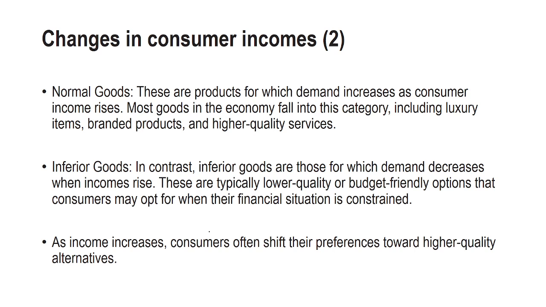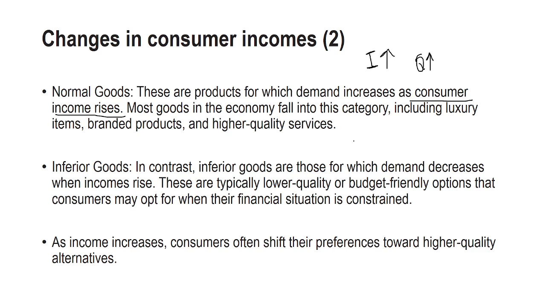These are products for which demand increases as consumer income increases. So whenever consumer income increases, the quantity demanded for normal goods also increases. Most goods in the economy fall into this category, including luxury items, branded products, and higher quality services. The second group is inferior goods. In contrast, inferior goods are those for which demand decreases when income rises.